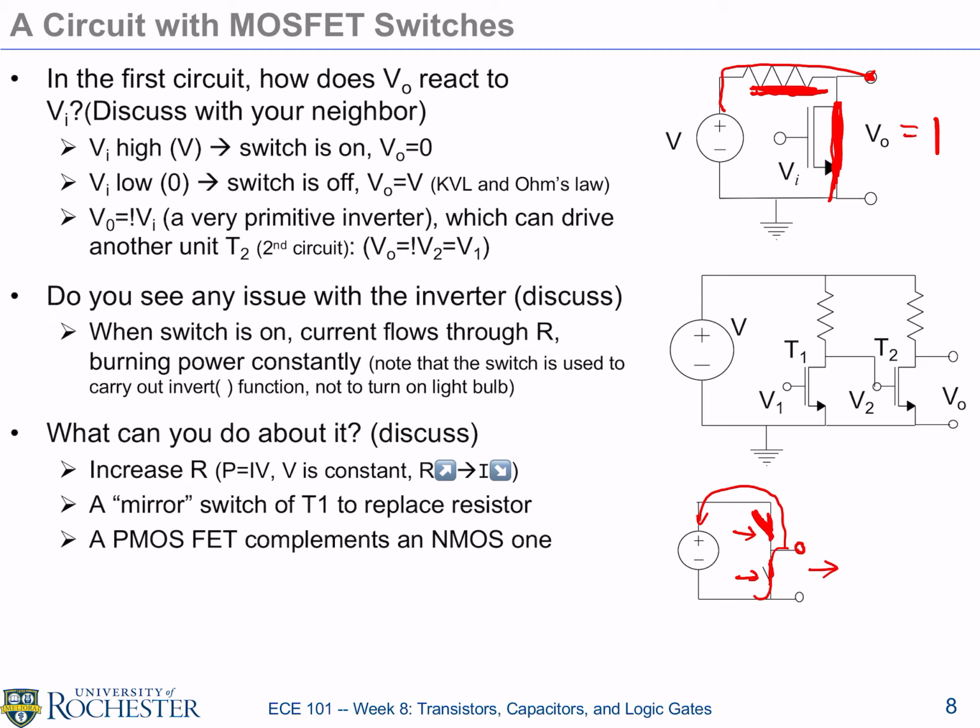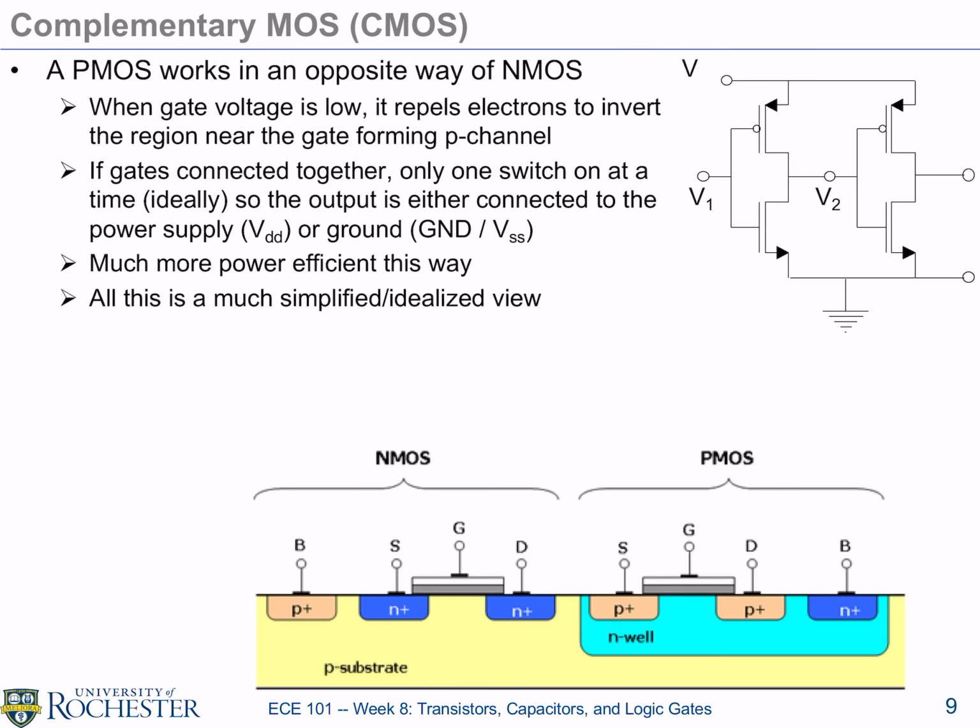And the way you do that, it so happens a P-type MOS device can do exactly that. So the way this is connected is like this, and for a PMOS device, I'm just going to use a symbol with a little circle at the gate to indicate that it's being controlled in the exact opposite way, if you wish.